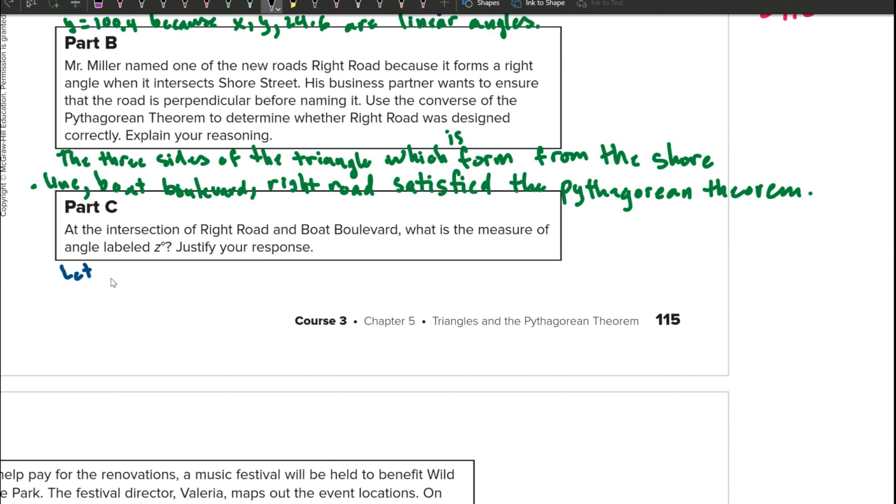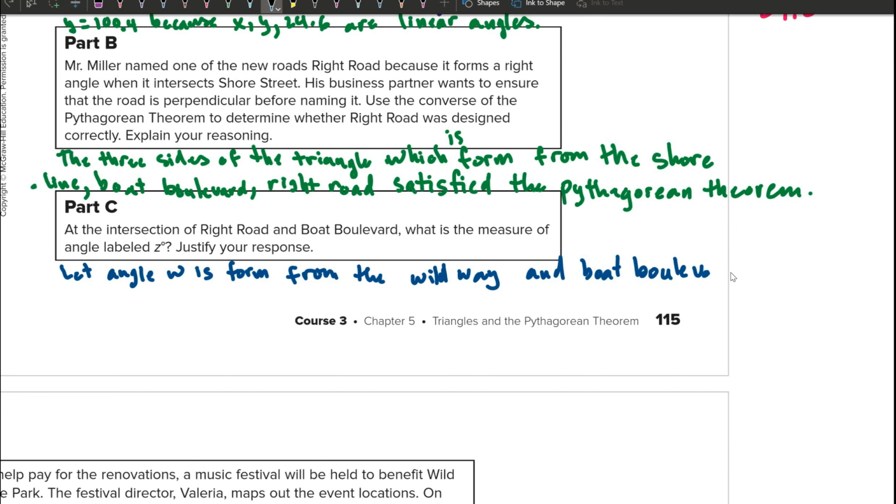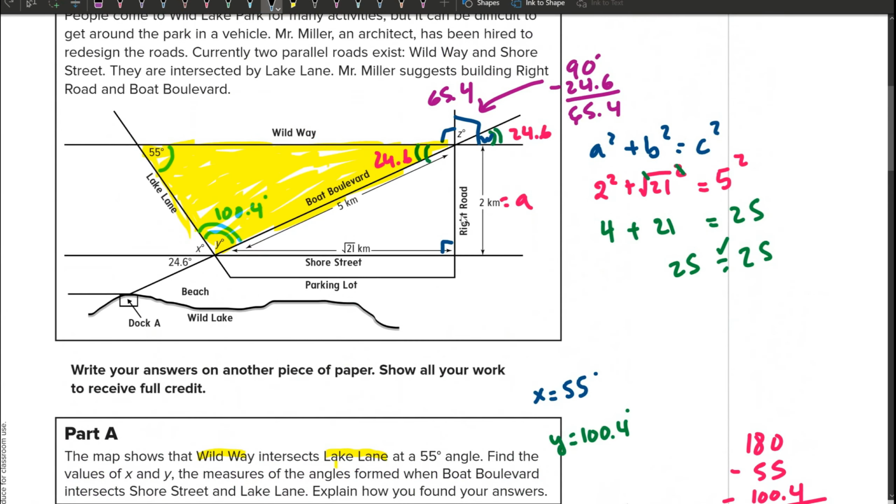Let angle W be formed from the Y-Way and Boat Boulevard. Okay, let's see.